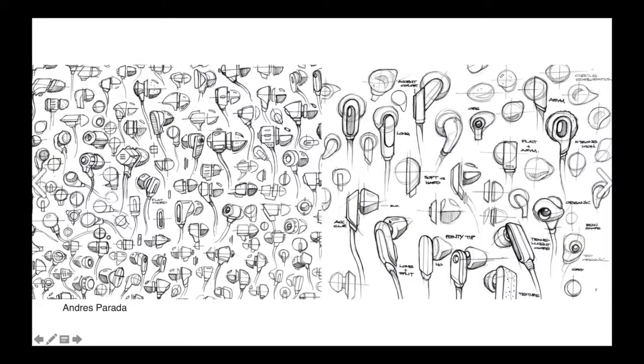You can also see it's almost as if he's seeing through the object here. You can see the earbud continuing behind the driver. Some brief tone, just showing the curvature of the bud itself or where the driver meets the wire, showing character. But you can see these guidelines or construction lines that help start to build the sketch before he continues with it, referencing curvature and circles and things like that.